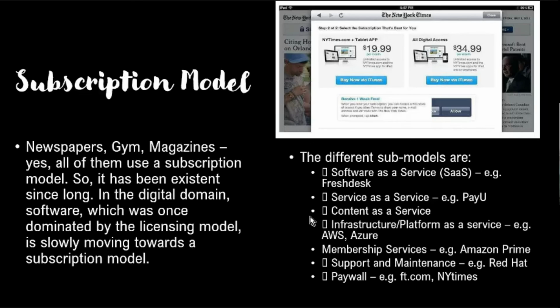So, there are different submodels of this, like software as a service or SaaS, for example Freshdesk. Service as a service like PayU, content as a service, infrastructure platform as a service, like AWS or Azure. We also have membership services, like Amazon Prime, support and maintenance, like Red Hat, and paywalls like FT.com or the NY Times.